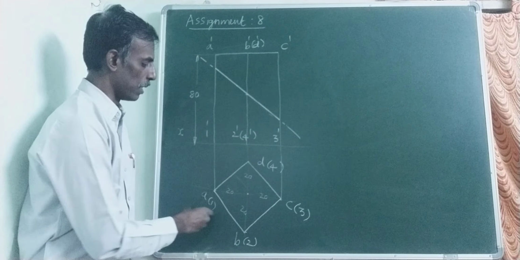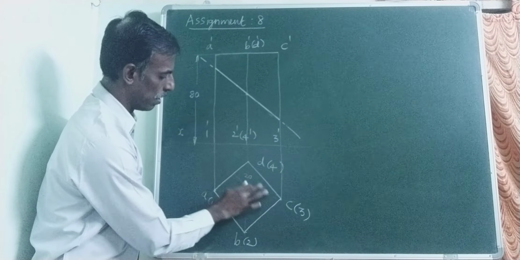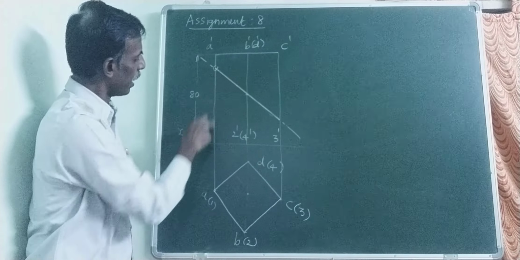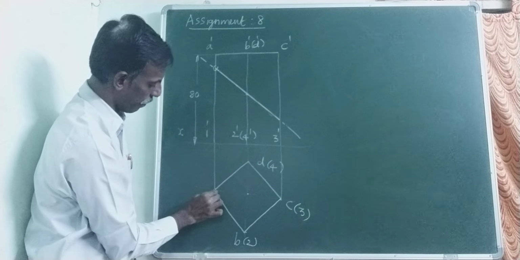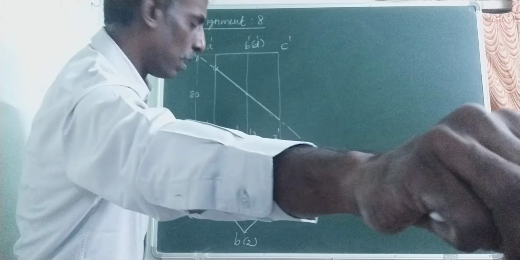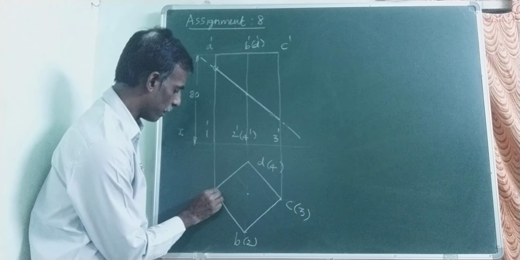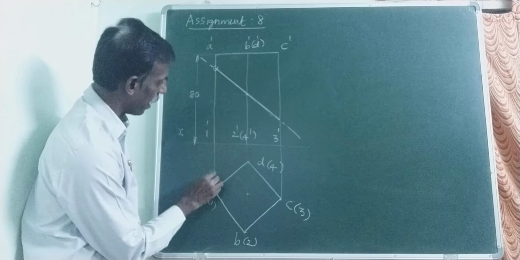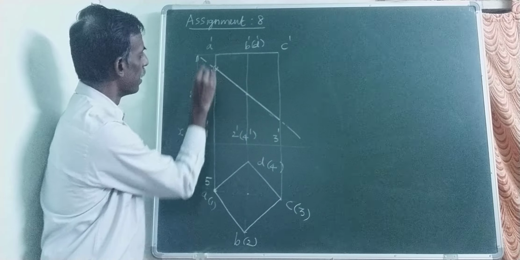First, find the sectional top view. Here the cutting plane passes through the vertical line A1, so the first cutting point will be here. I am going to give this cutting point 5. Here you have to use 5 dash.